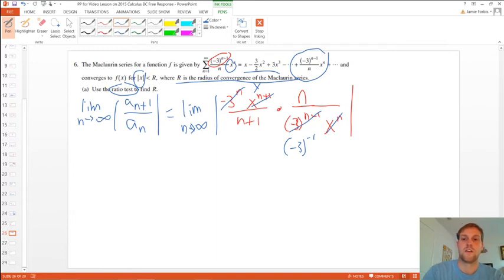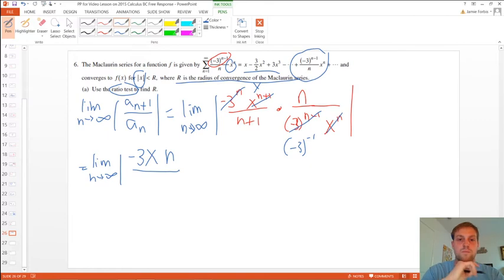So what this actually simplifies down to, I'll do it right here, is the limit as n approaches infinity of, on top we're left with, so the -3 goes to the top because of the negative first power. So we actually have -3x and n on top, so -3x n, and on bottom we have n plus 1.